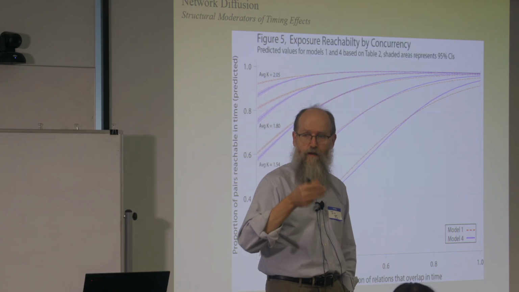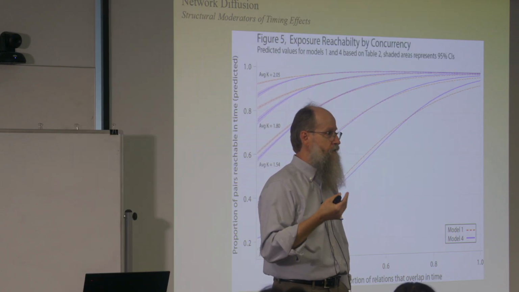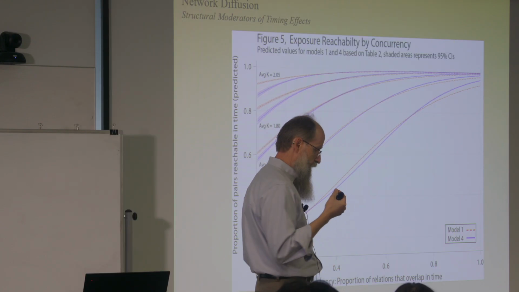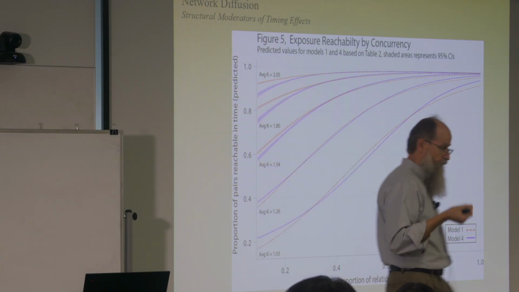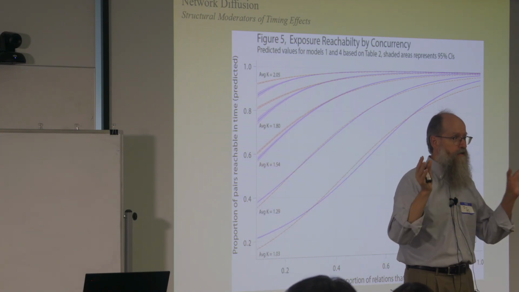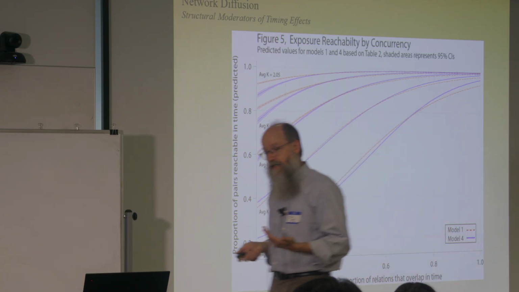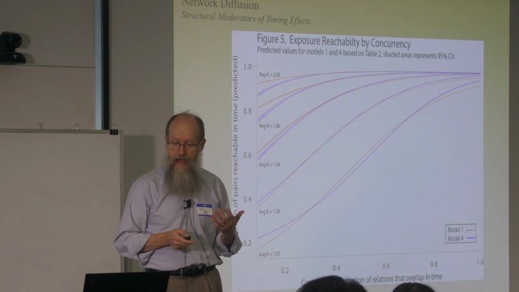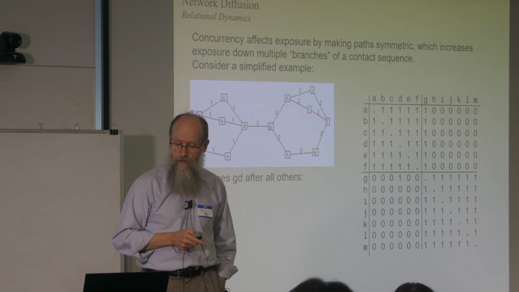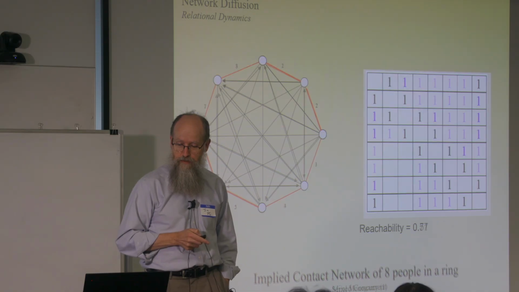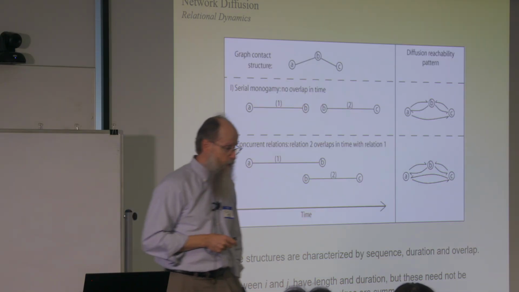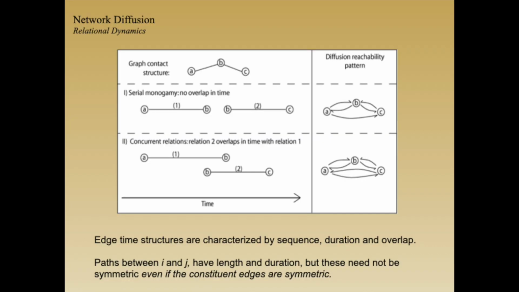But the key one, if you needed to know it, is a concept known as concurrency, which is that things move through networks faster when edges are held at the same time versus when they're unfolding in sequence. The reason for that is an actual path structure reason, which is easier to show right here: if relationships happen in sequence, all your indirect ties have to be asymmetric.